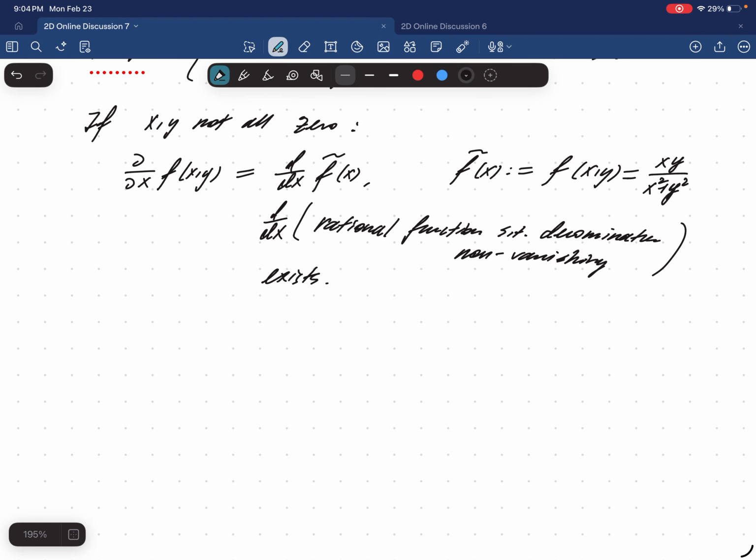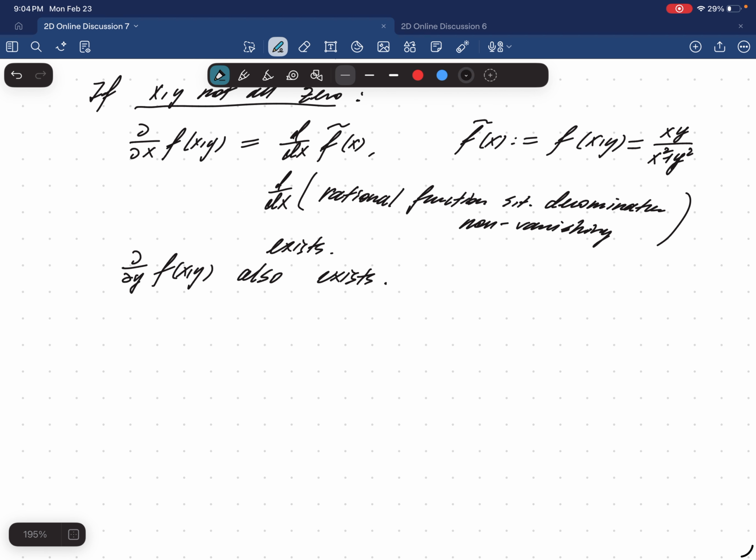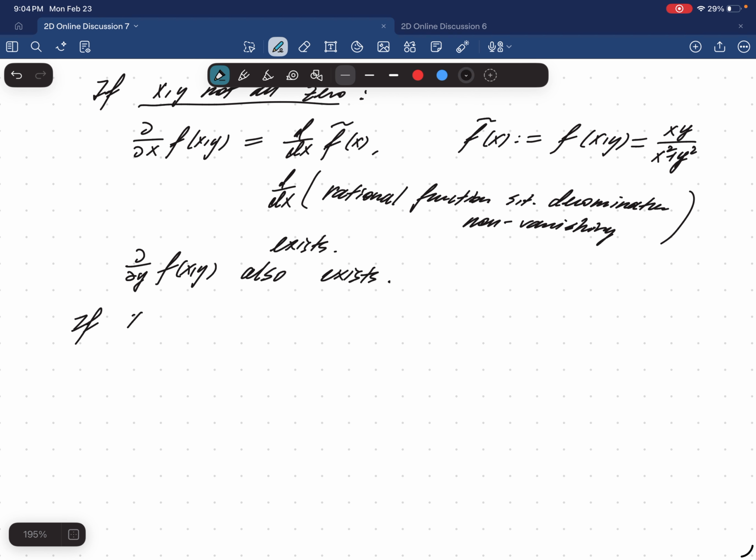The same is true for del y, it also exists. This is under the condition that x, y are not both 0. But if x equals y equals 0, what happens?